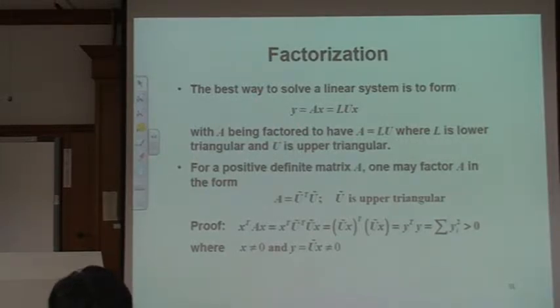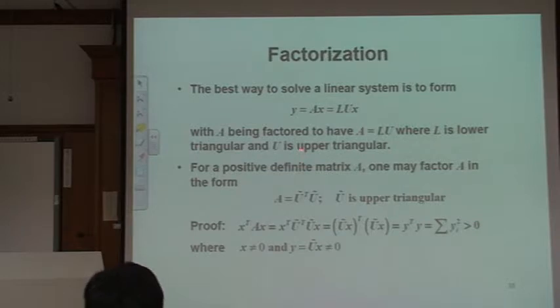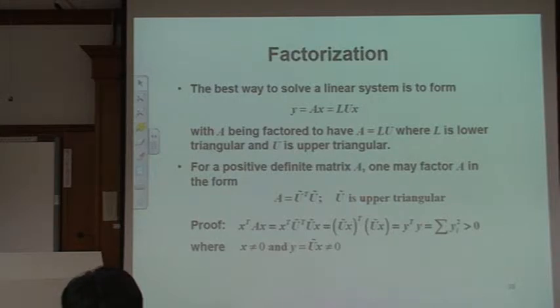Okay, so for a positive definite matrix, we can factor it into these two matrices. U tilde here is the upper triangular matrix, because after taking the transpose, the upper triangle becomes a lower triangular matrix. Why? The proof is the following. We can write this quadratic form x transpose A x equal to x transpose U tilde transpose U tilde x.